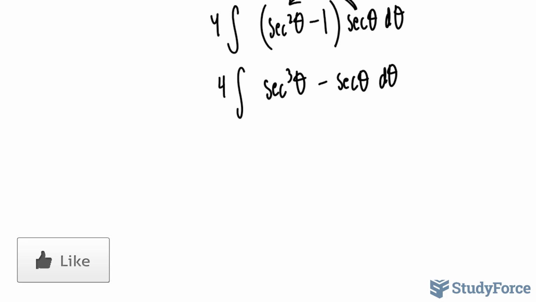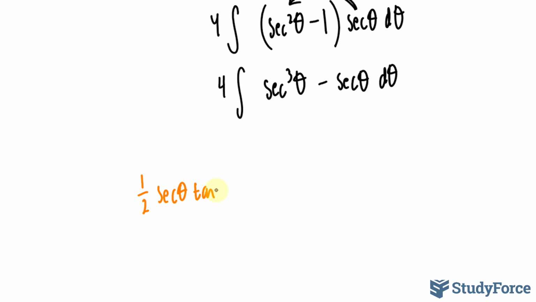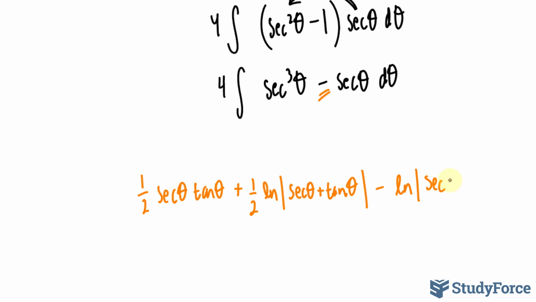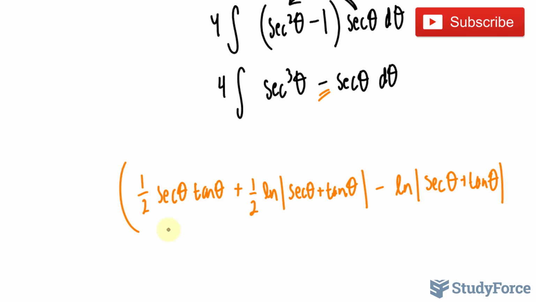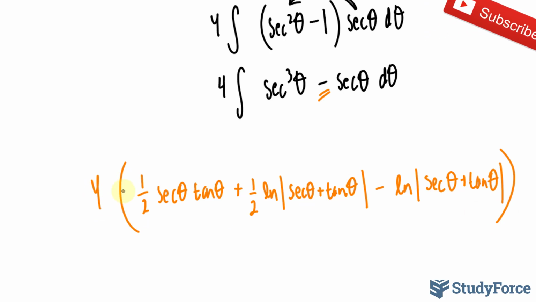The integral of secant to the power of 3 theta is 1 over 2 secant theta tangent theta plus 1 over 2 ln absolute of secant theta plus tangent theta, minus this part now, and the integral of secant is ln absolute of secant theta plus tangent theta. And all of this is being multiplied by 4, plus c.